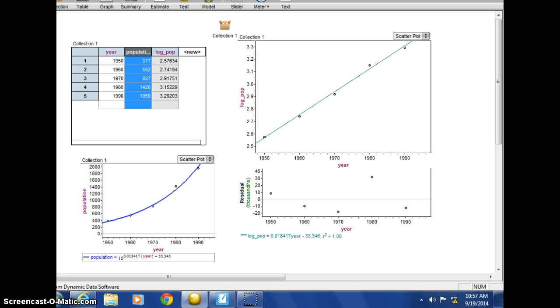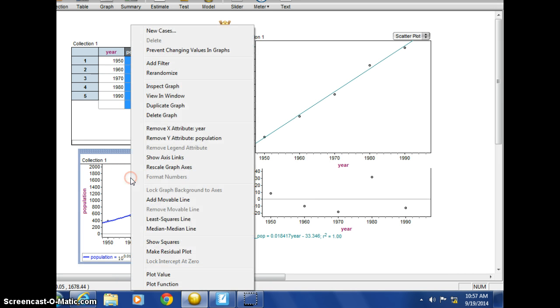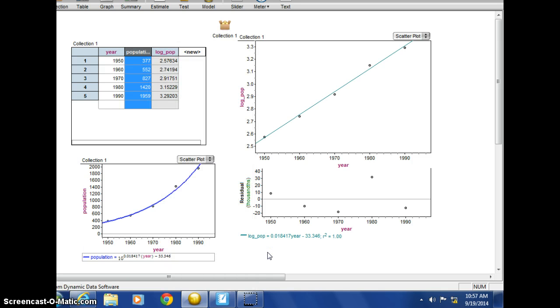So to end this video, I did want to share, I used to do this exact same lesson on the TI calculators. What we would do is go to the TI and calculate the exponential regression that's in their calculator, that I'm sure some of you have seen before. And you're going to see the model comes up to be the exact same model as the one you just created by your transformation.